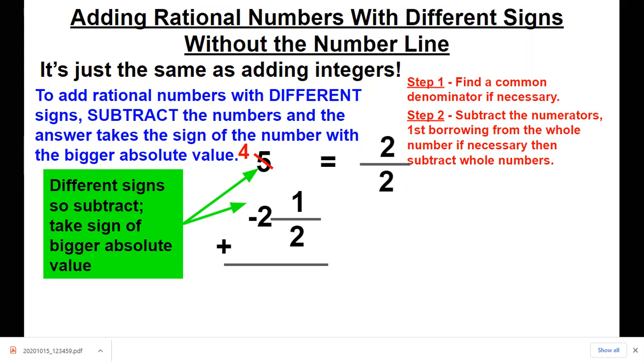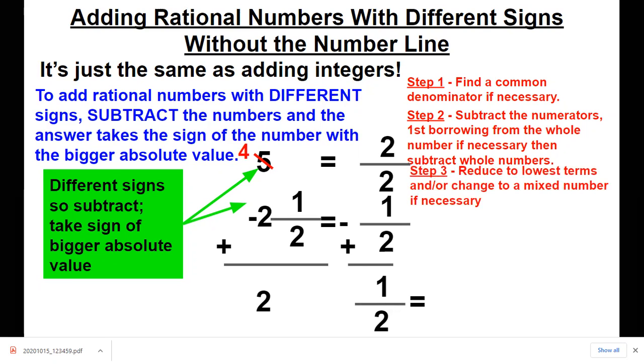We changed our 1 to 2/2, and then we'll just subtract the 1/2 there, and we get 2/2 minus 1/2 is 1/2. And then we subtract the 4 minus the 2, and we get 2. It's going to take the positive sign because 5 is bigger than negative 2.5.